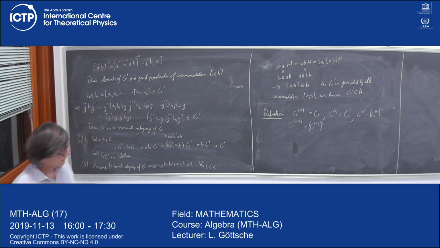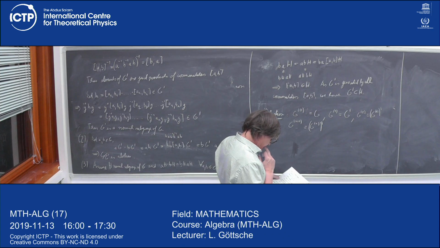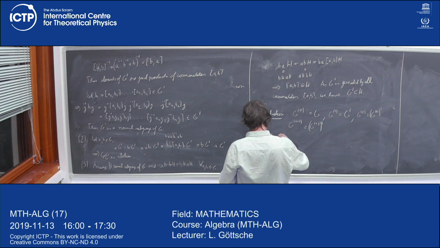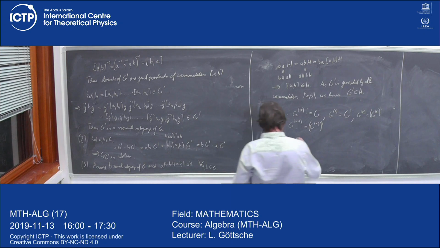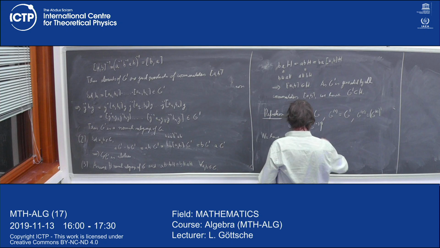So the commutator group doesn't obviously have to be abelian, but it could be. So by what we have seen, G(n+1) is a normal subgroup.